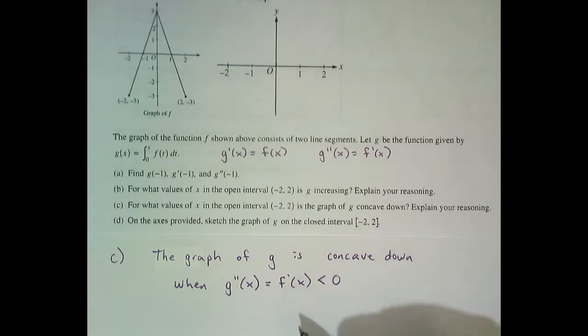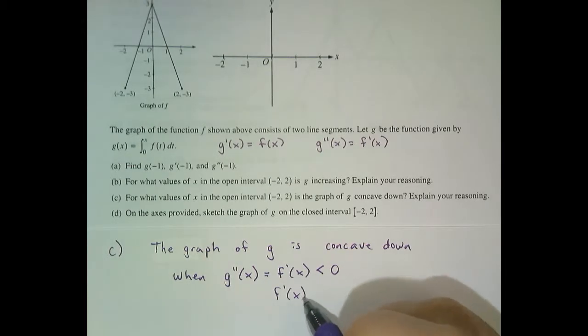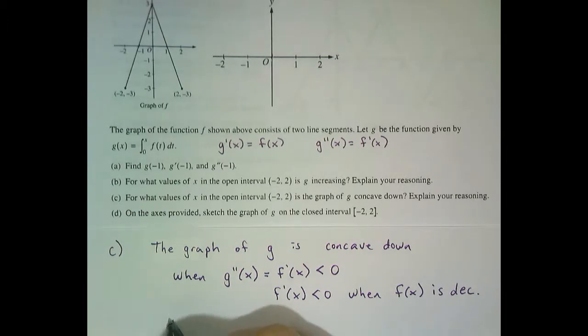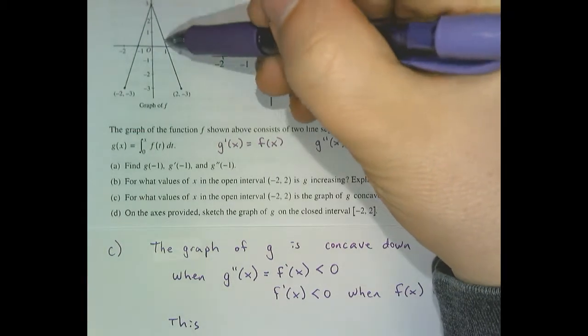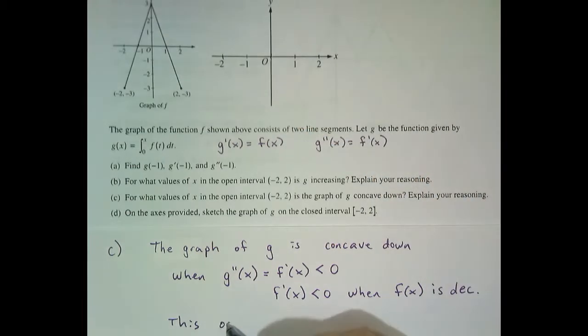Consequently, f prime of x is less than 0 when f of x is decreasing. So we're going to look for the interval where f of x is decreasing. We go up to our graph, and the graph of f is decreasing from 0 to 2. This occurs on 0 to 2.